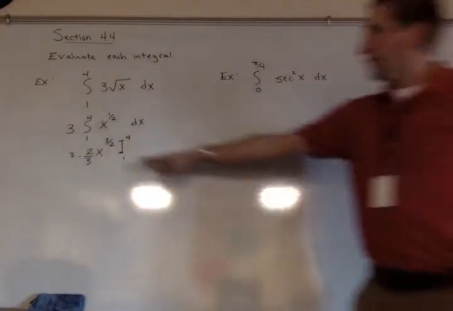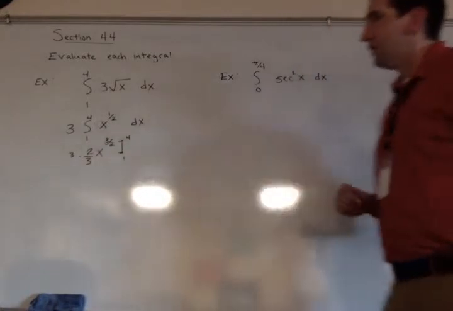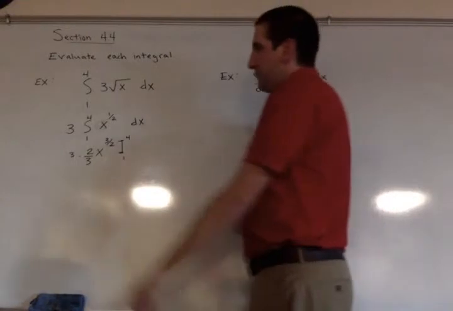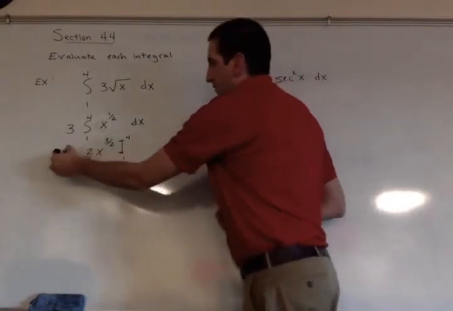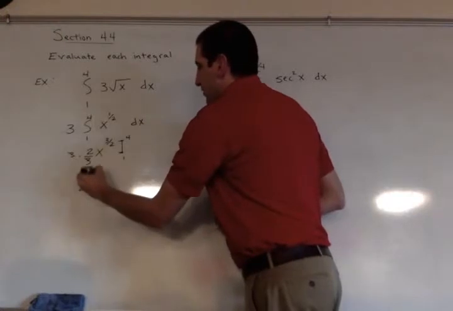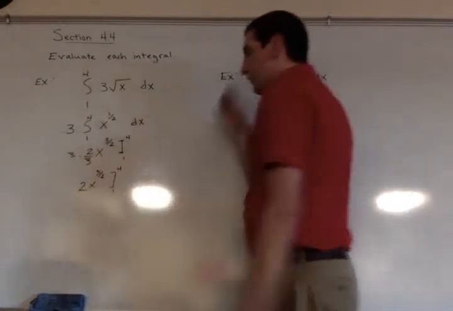The 2/3 comes from, if you divide by 3/2, it flips and becomes 2/3. Notice you can simplify this just a little bit, and you can cancel out your 3's. So now I've got 2x to the 3/2 from 1 to 4.